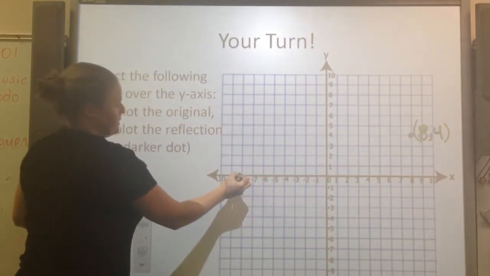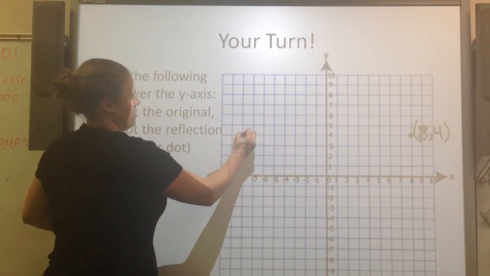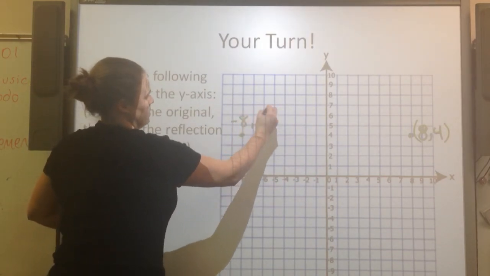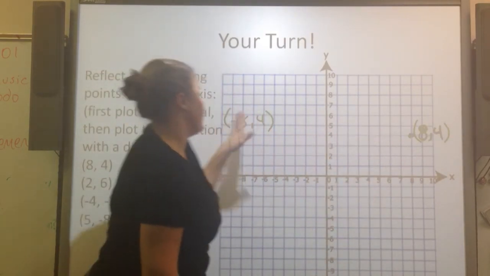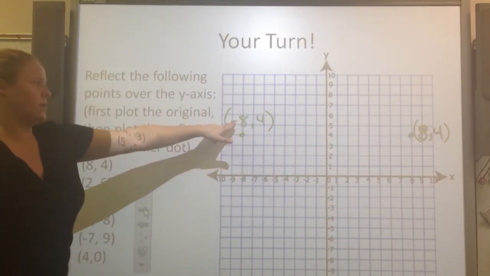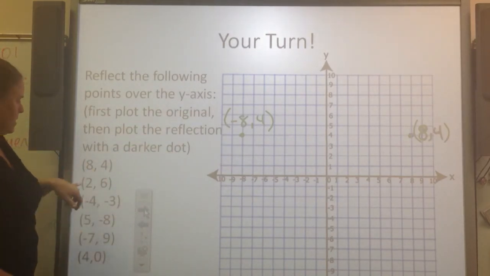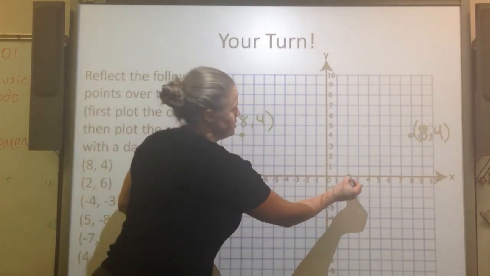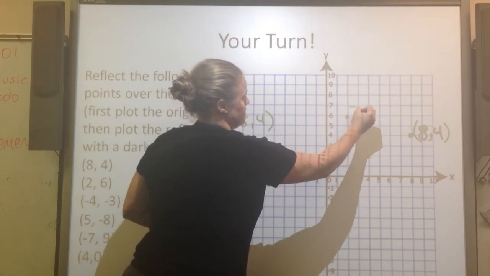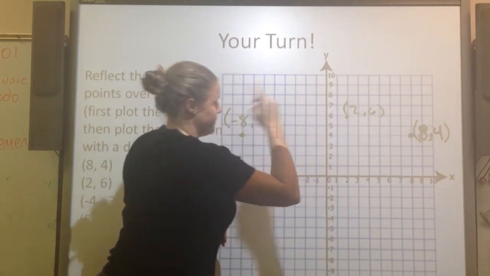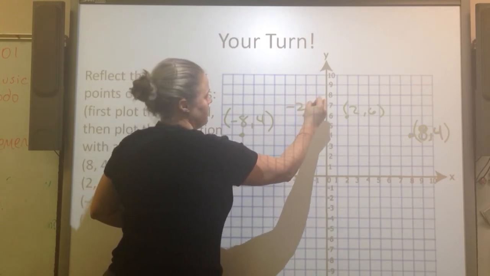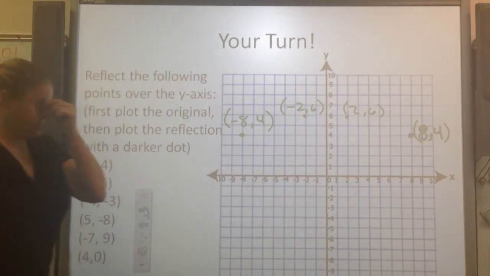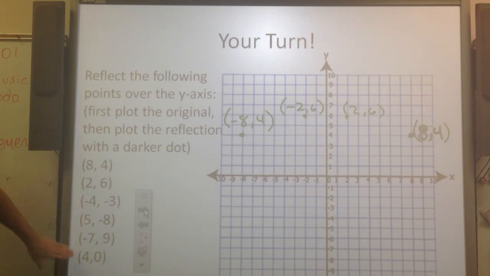We're going to go -8 and up 4. As you can see, your x-coordinate is the one that's getting negative. (2, 6): we go over 2, up 6, and we flip it, and we have now (-2, 6).